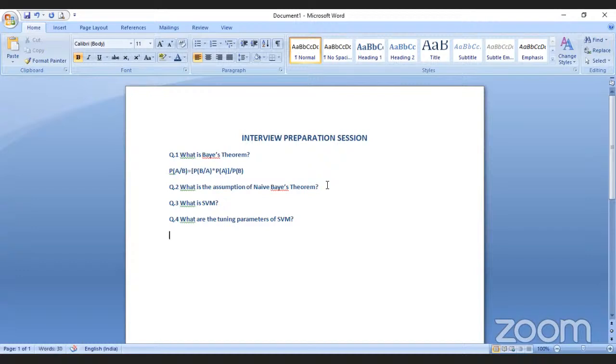Here we have kernel, regularization, gamma, and margin as the tuning parameters of SVM. So these are some of the tuning parameters of SVM: kernel, regularization, gamma, and margin.